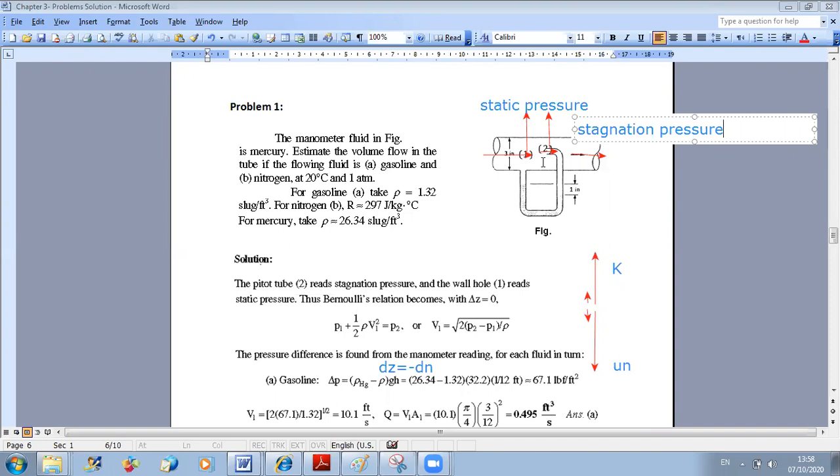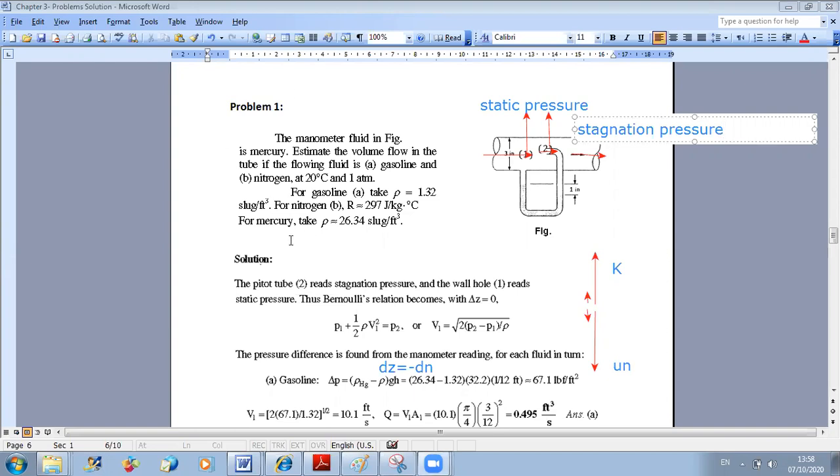So the first step, we have a fluid that is moving along the tube. So we can use Bernoulli to relate pressures at point 1 and point 2. If I apply the Bernoulli equation between 1 and 2, what do I have?